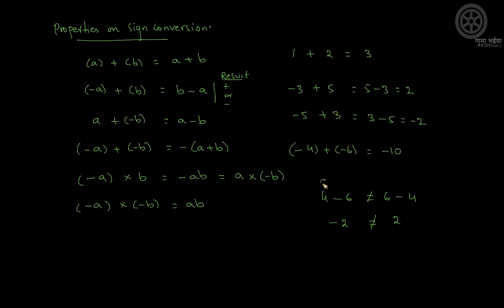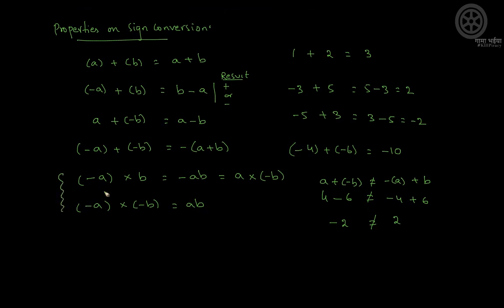If I take a equal to 4 and b equal to 6, then 4 minus 6 is not equal to minus 4 plus 6. That is, a minus b is not equal to b minus a. Understood? Clear? The properties are clear. These two properties are very important, guys.